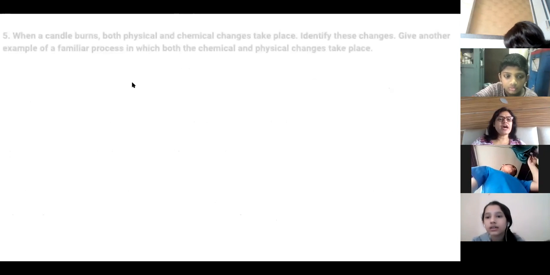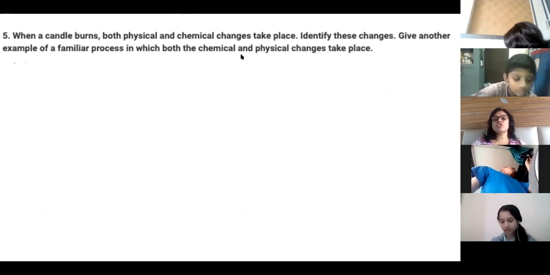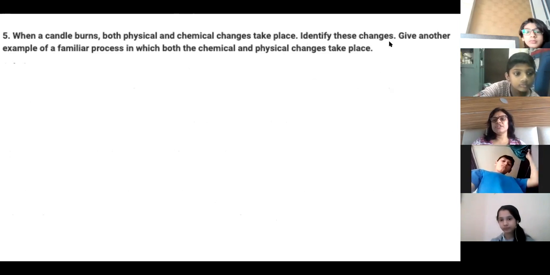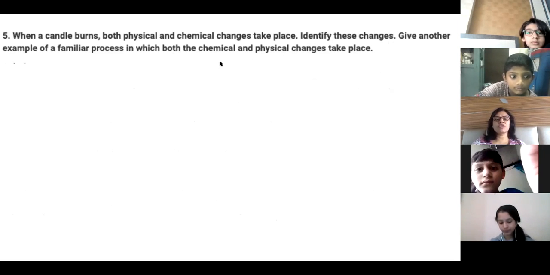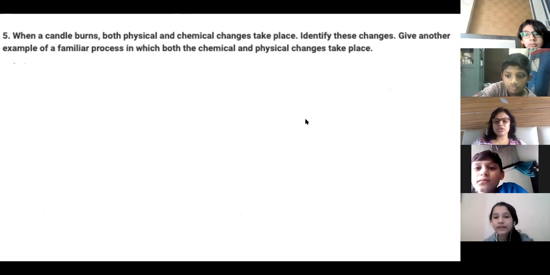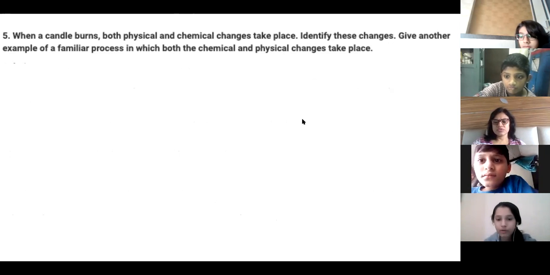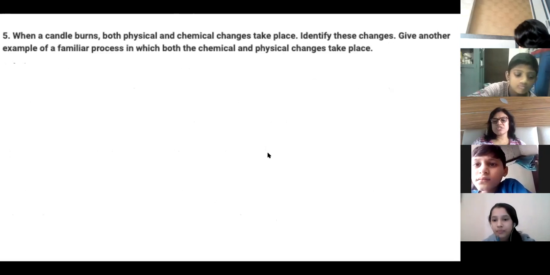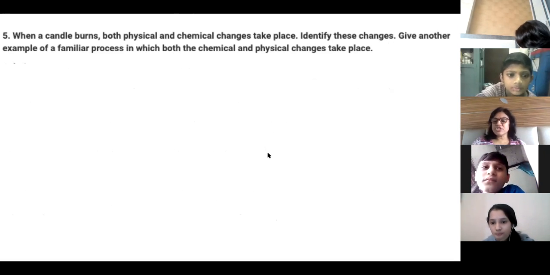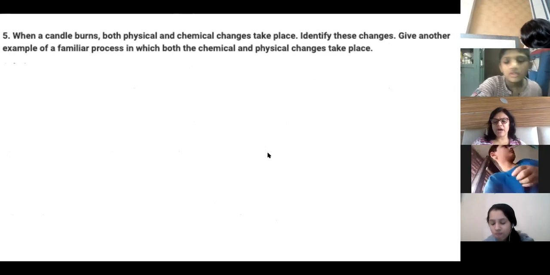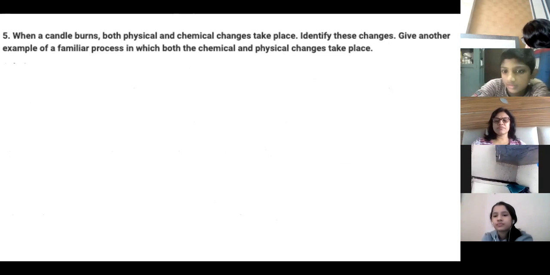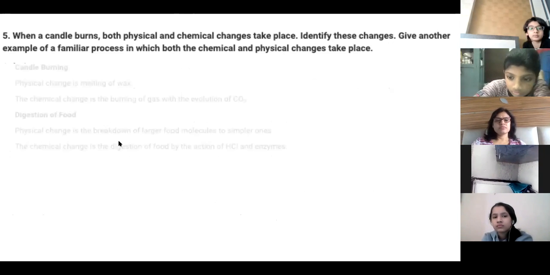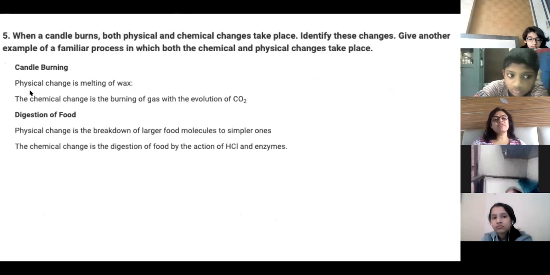When a candle burns, both physical and chemical change take place. Identify these changes. Give another example of a familiar process. In digestion you have two processes. Candle physics we have discussed many times.